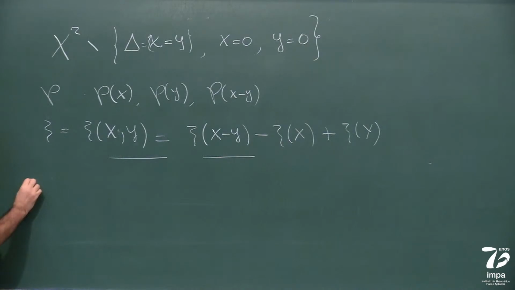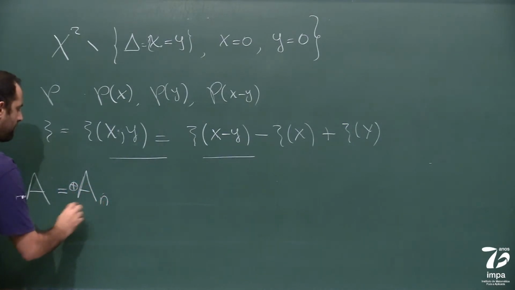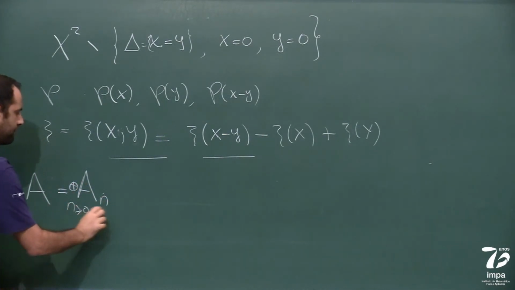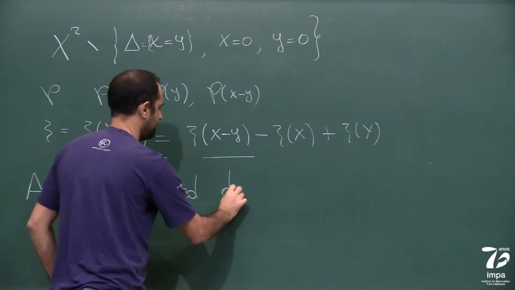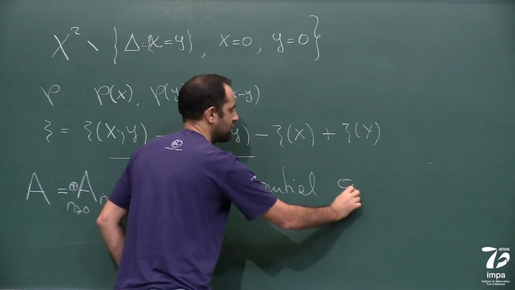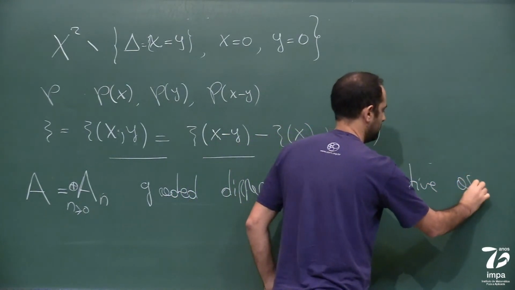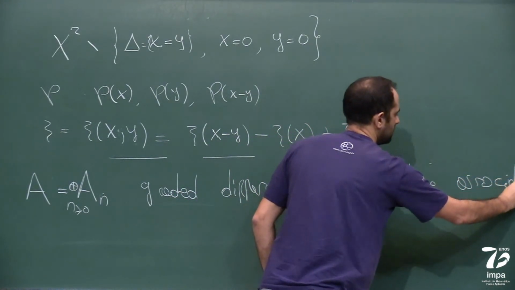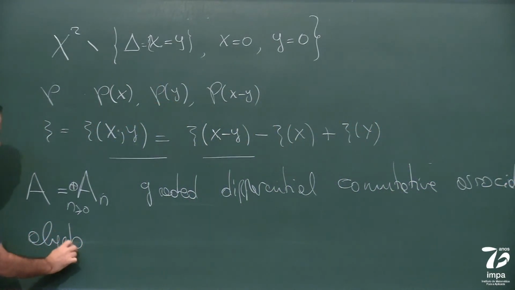So first of all, let A be a graded differential commutative associative algebra. So it has a derivation of degree 1.